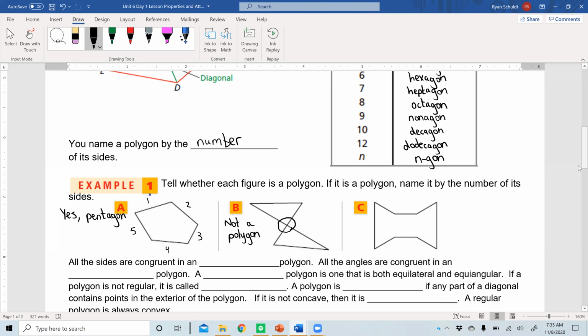So I can't find anything to disqualify it. So I can't disqualify it, so I'm going to have to say yes. And then let's count the sides. 1, 2, 3, 4, 5, 6, 7, 8. 8 sides. So an 8-sided polygon is an octagon.